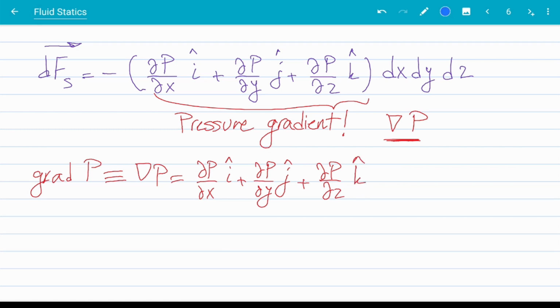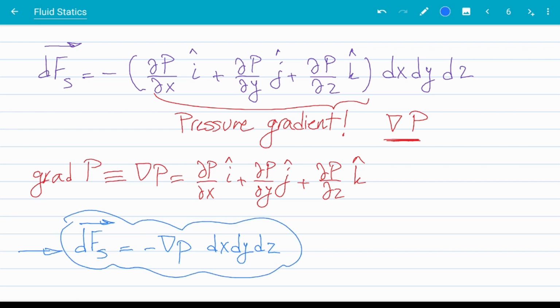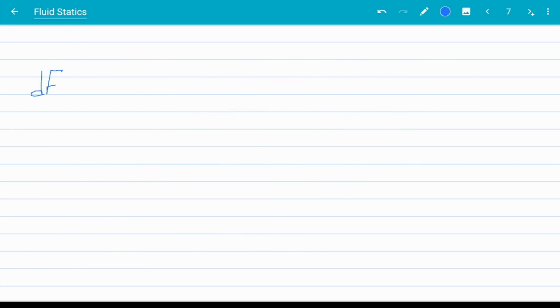So now I can say the surface forces acting on my fluid element are negative pressure gradient times dx, dy, dz. So total force acting on my fluid element was supposed to be the body forces plus the surface forces.